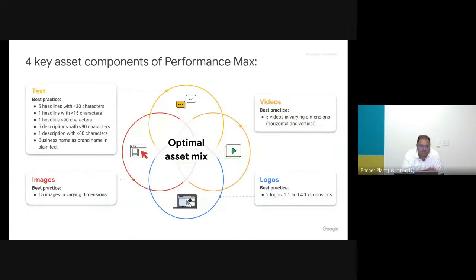When we think about what assets you need to launch PMax, we have minimums in place that are required to push your campaign live. But over here, you can see that in many instances, we recommend utilizing more than the minimum requirement. The reason for this is that the more assets you have, the more it allows the system to create unique ad permutations that can help drive performance across a wider variety of auctions.